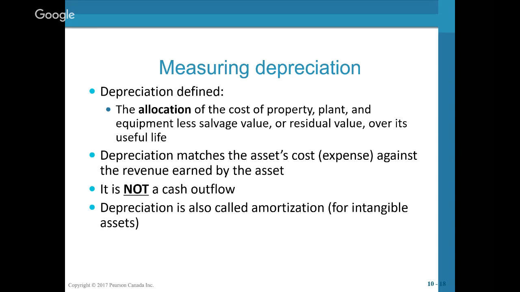So with depreciation, we're allocating the cost over its useful life. The idea is to match the asset's cost against the revenue earned by the asset. This is not a cash outflow. When we depreciate something, we're not spending money at that time. For intangible assets, the word we use is amortization. For tangible assets, we use the word depreciation.